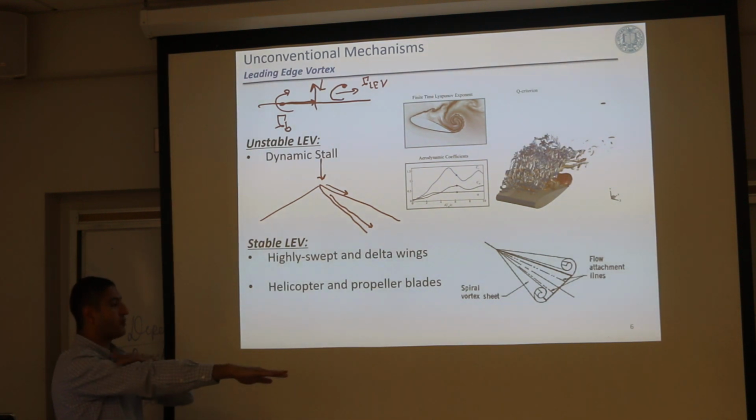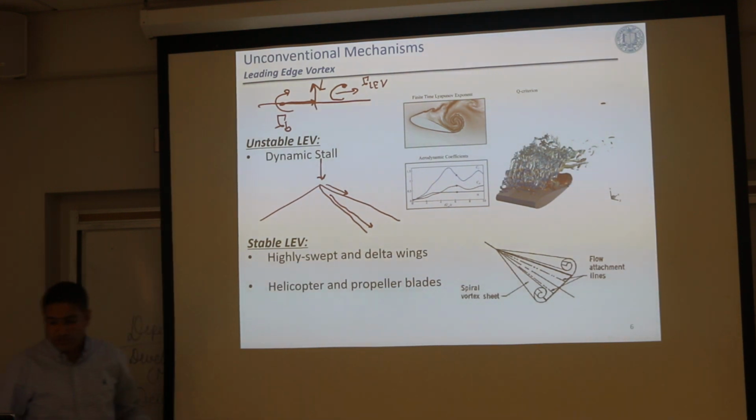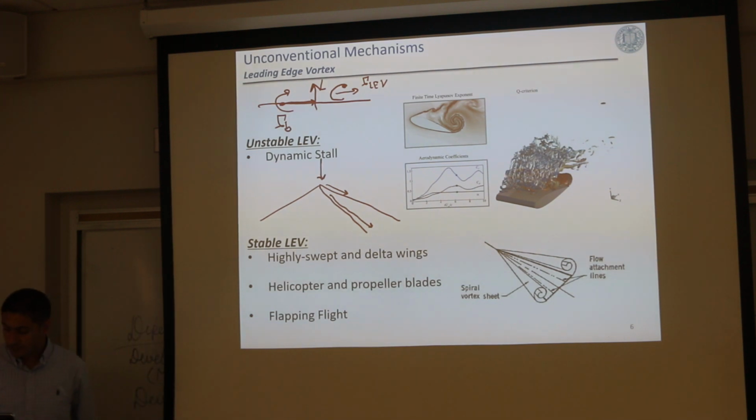The flow will go from the high pressure to the lower pressure. So you have a span-wise flow for helicopter blades and propeller blades, which is, you can guess, the same reason for flapping flight. Also in flapping flight, we have this kind of rotary motion that stabilizes the leading edge vortex. So this is, in a nutshell, the story of what a leading edge vortex is and where we see it. Turns out that it plays the major role for flapping flight.